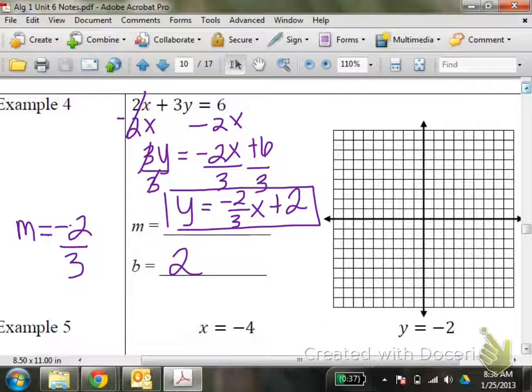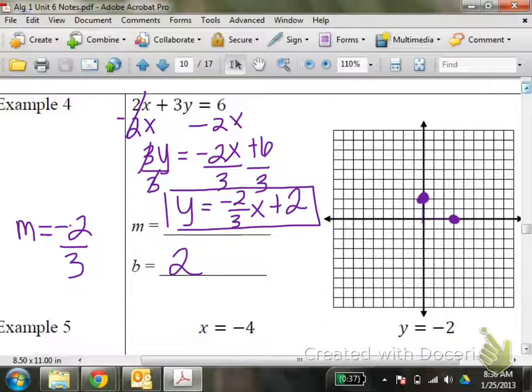Okay, guys, what do I do first to graph? Go up 2. Put a point. Okay, now I use my slope, and which direction do I go? Down 2 over 3. 1, 2, 3. So my point is going to end up being right here.